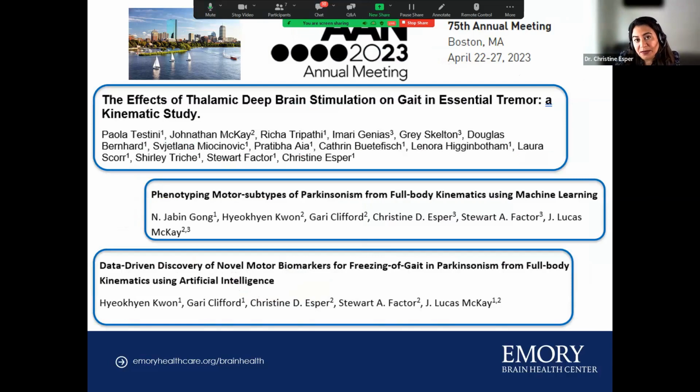There's a tremor dominant motor type and a postural instability gait disorder subtype, and machine learning using that data helped identify those motor subtypes. And we also looked at the effects of thalamic deep brain stimulation in our essential tremor cohort. This study has been published. It was published, I believe, in January or February in Sensors, and this one has just been submitted for publication.